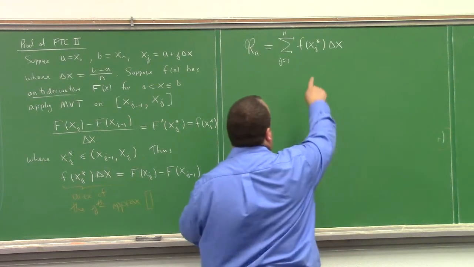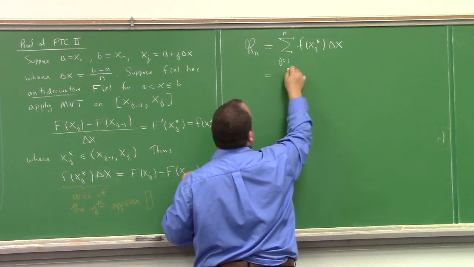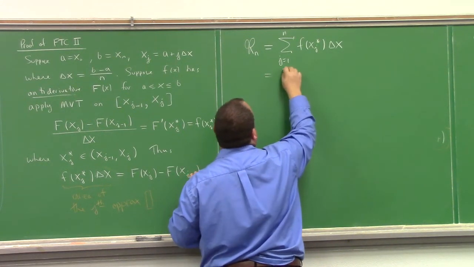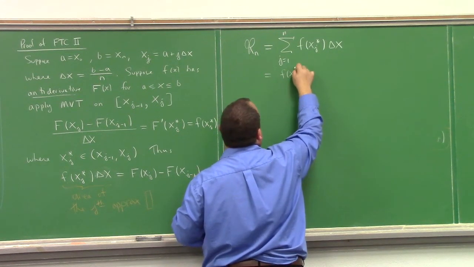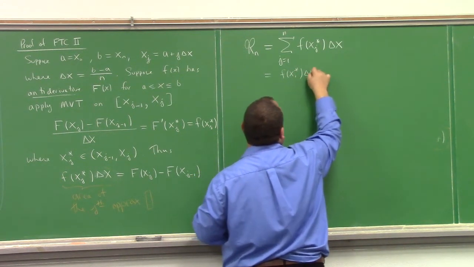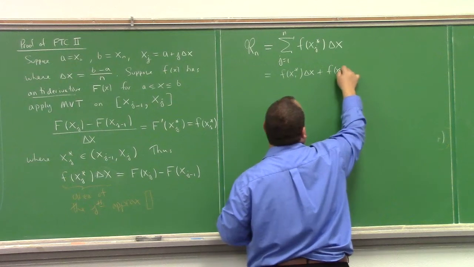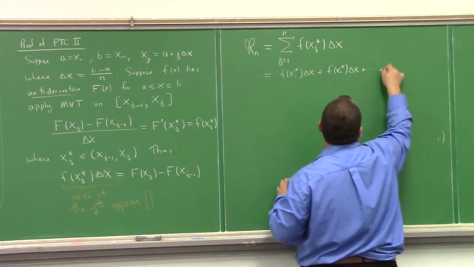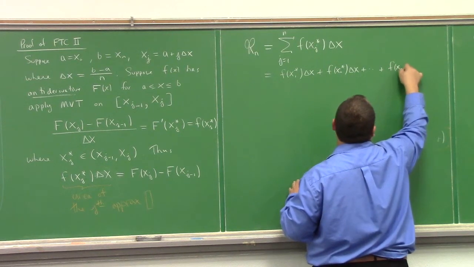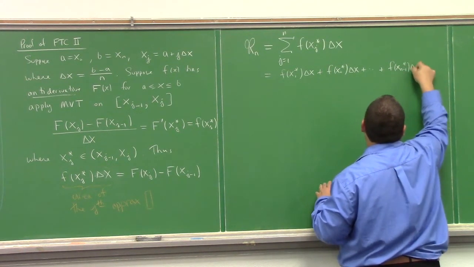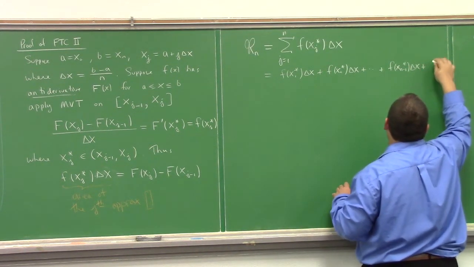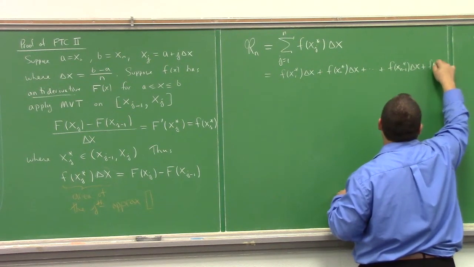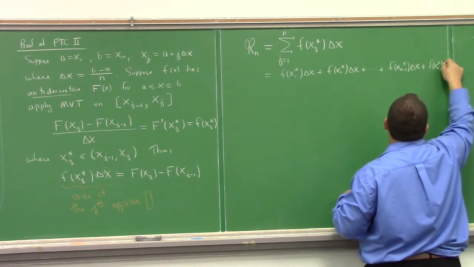So explicitly, I'll write it out. This is f of x1 star delta x plus f of x2 star delta x, and so forth, up to f of x n minus 1 star delta x, plus f of x n star delta x.